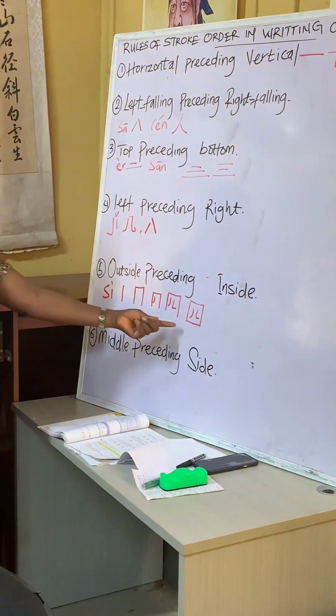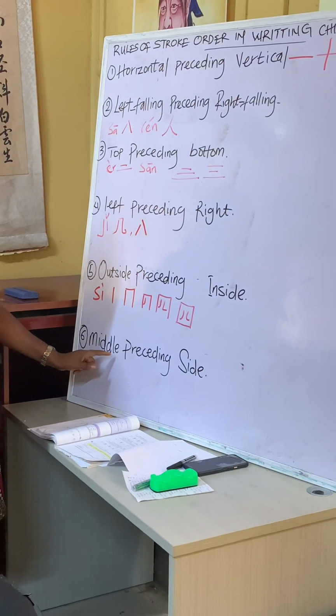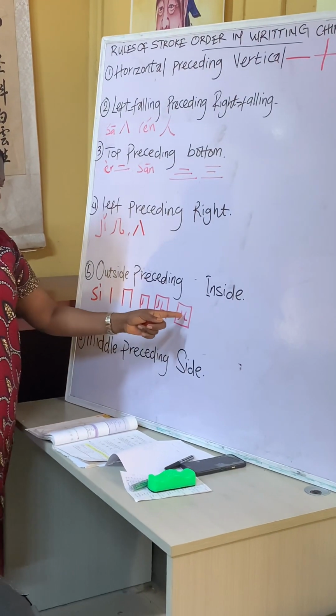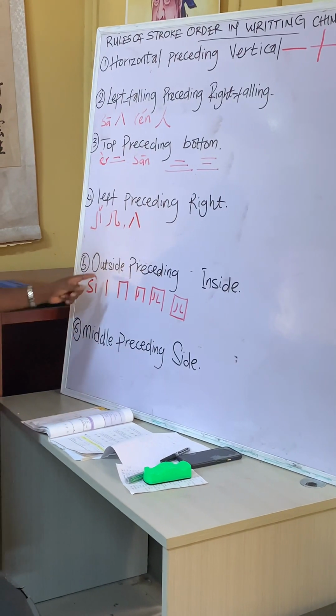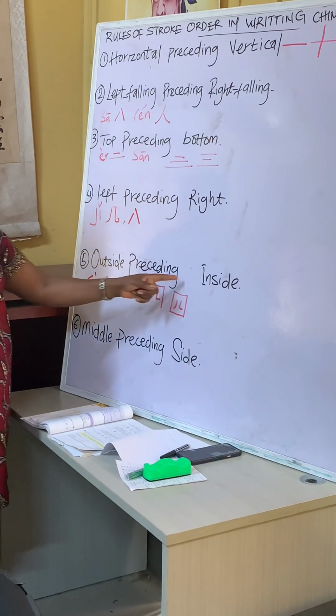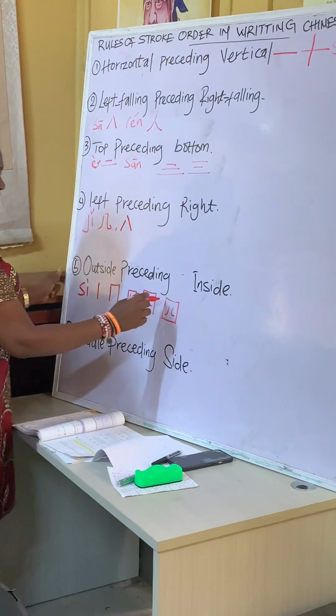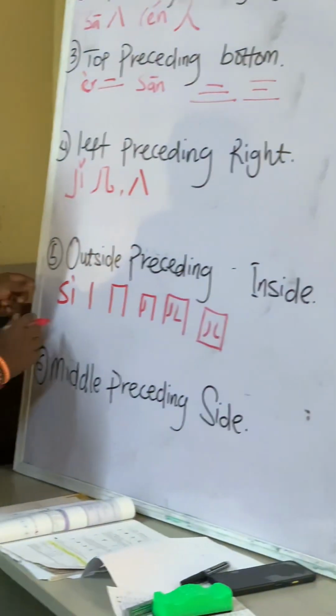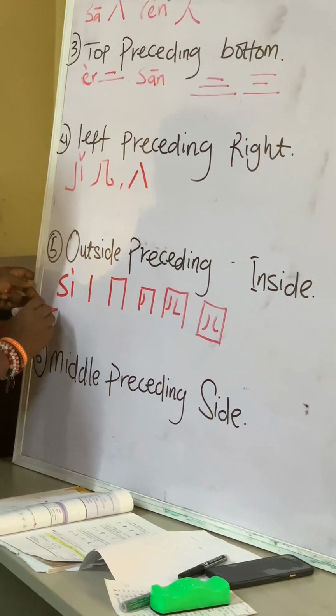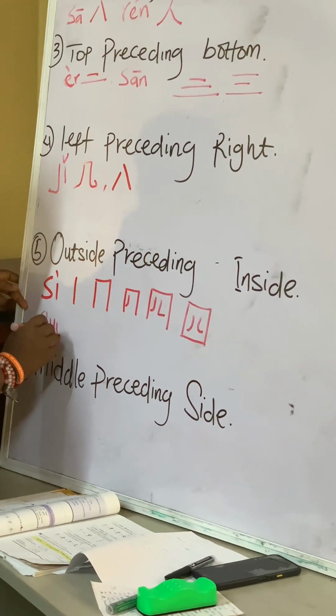The closing one is the sixth one, where the middle precedes the outside. Sorry, the inside before the outside. This one is outside preceding inside, like guó. What is guó? Country.